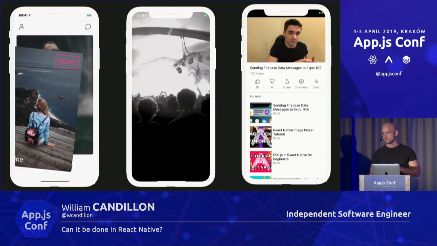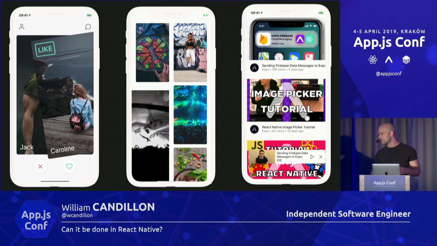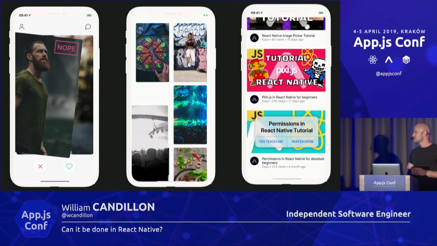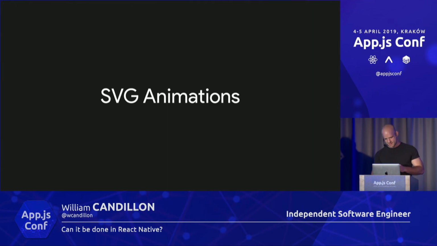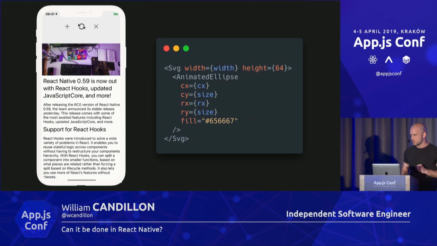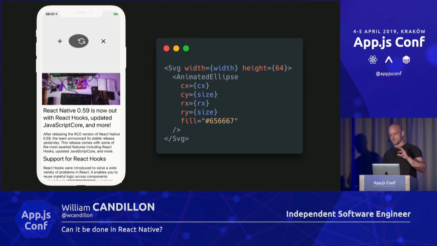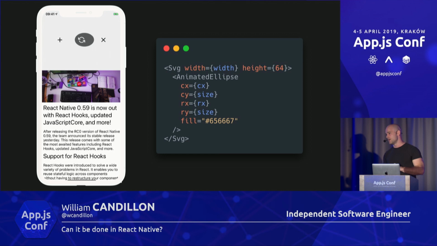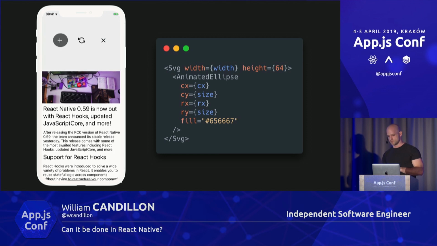Talking about things which make the spectrum of what can be done in React Native larger, let's talk about SVG animations. The SVG support in React Native through React Native SVG is great, and it plays extremely well with animated values.